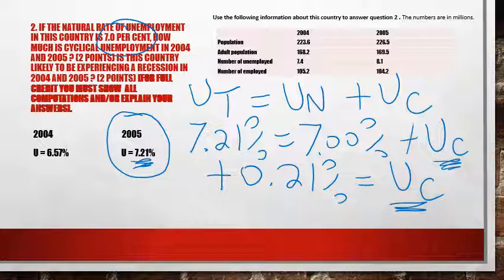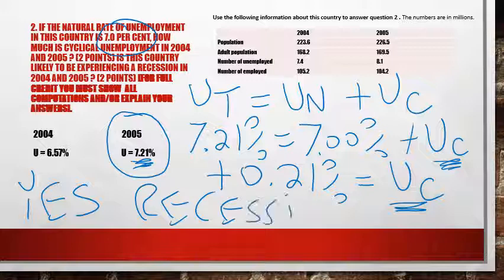Are we undergoing a recession? Well, it's a small one. It could be the beginning of a bigger one, but our conclusion has to be that yes, in 2005 there is a recession, or at the least there is a start of a recession.